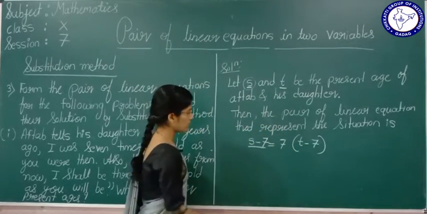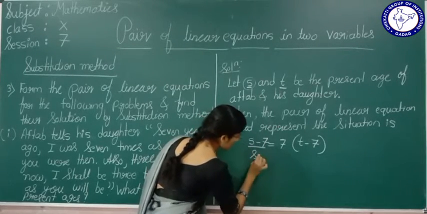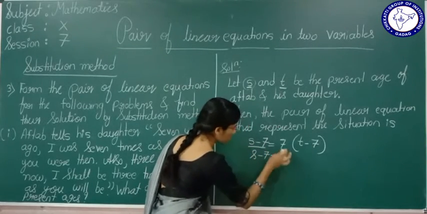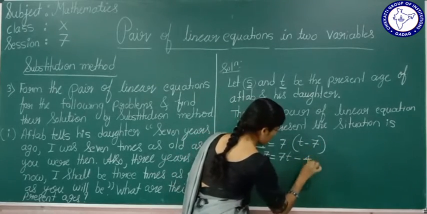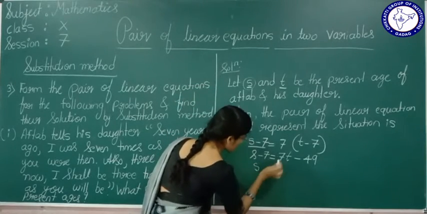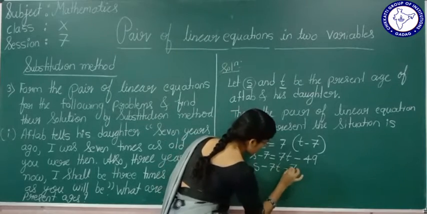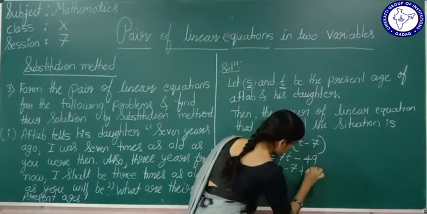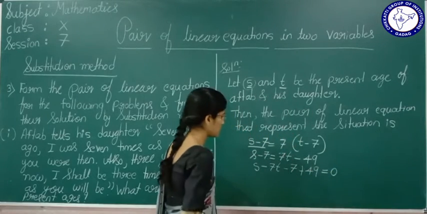We will simplify this: s minus 7 is equal to 7t minus 49. So s minus 7t minus 7 plus 49 is equal to 0.